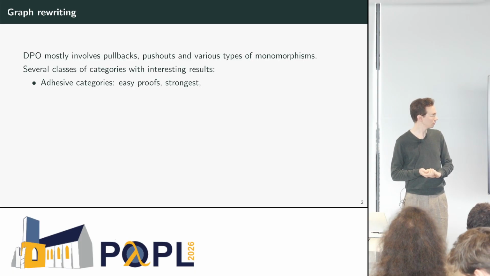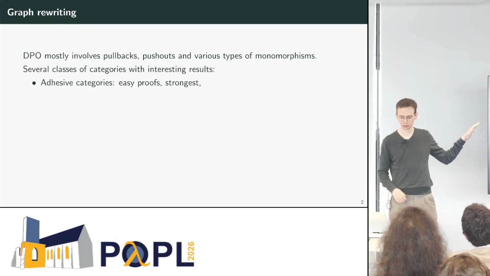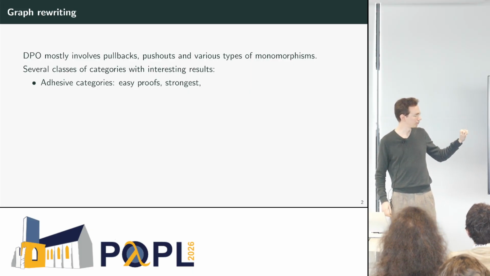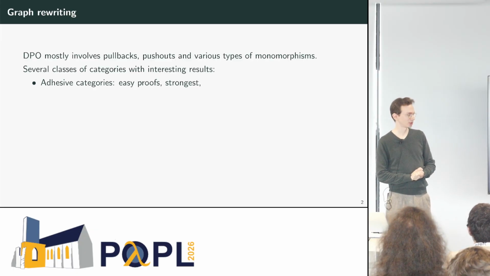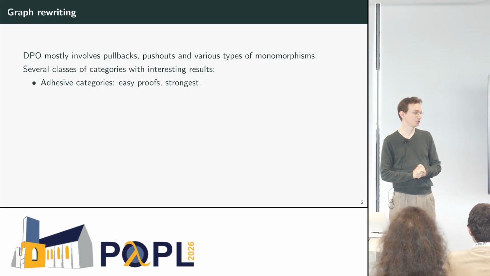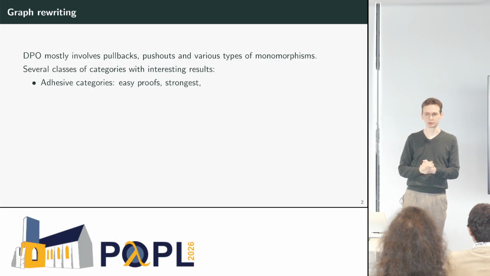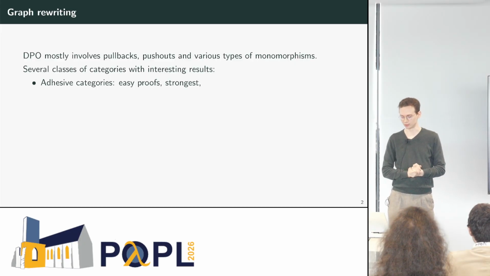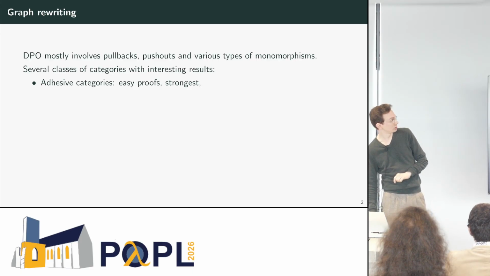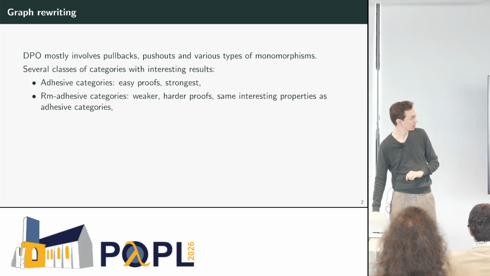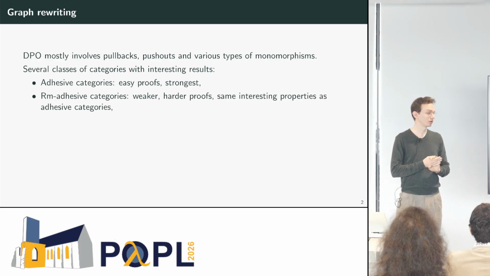The strongest notion that we have is adhesive categories, which are nice because it's easy to prove that a specific category is an instance of an adhesive category. However, there are also weaker notions, such as RM adhesive categories.